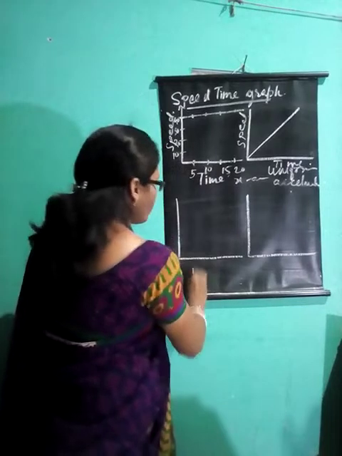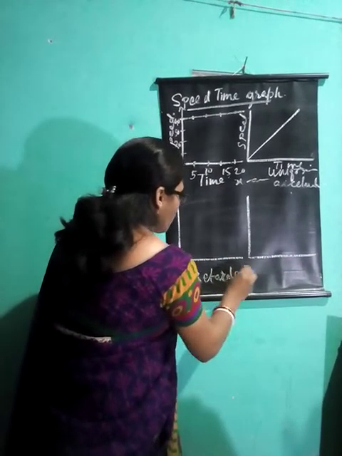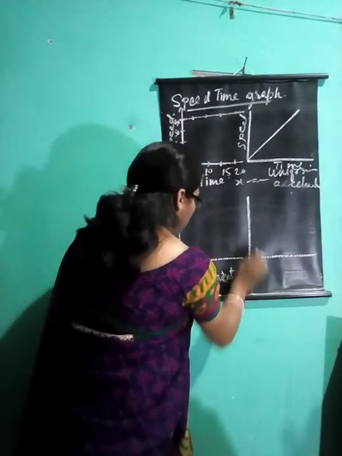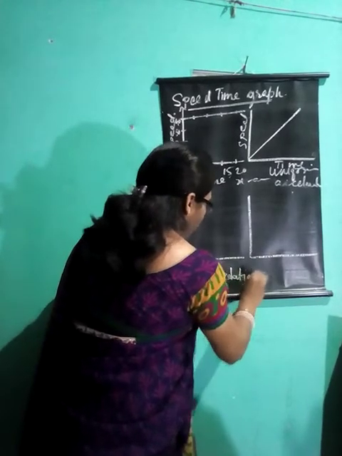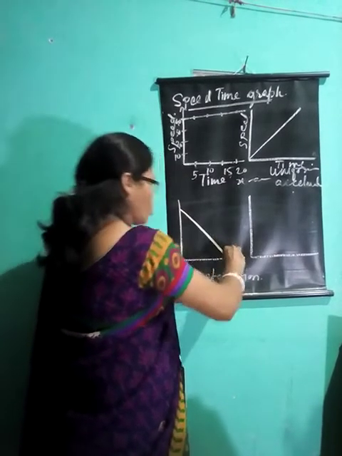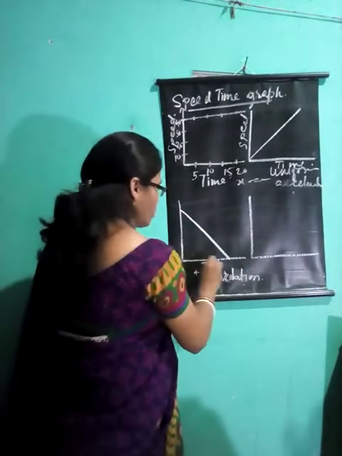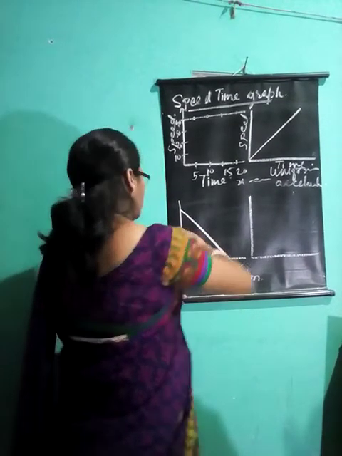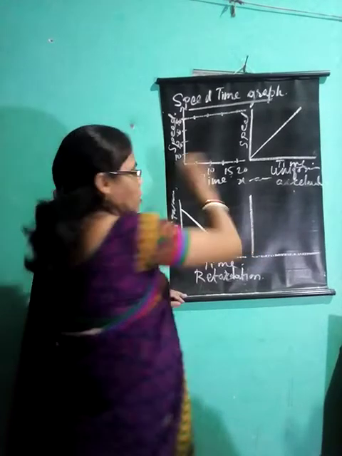Now for retardation, if you do the same graph, from top it will come to bottom. It will be a straight line but in a downward direction. Here time and here speed. This type of graph you will get.